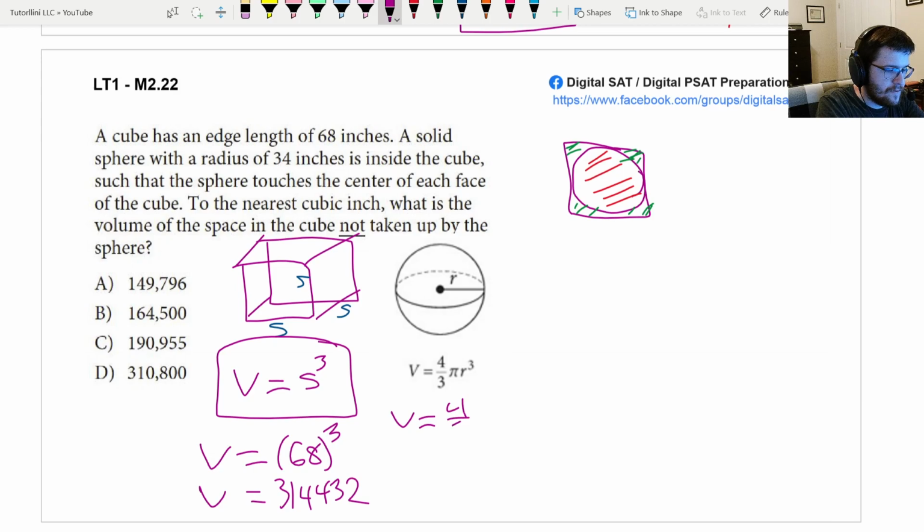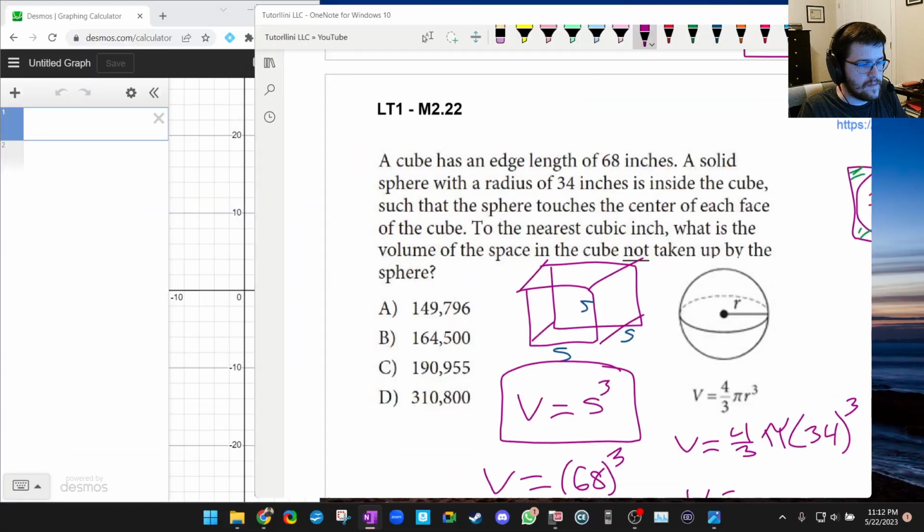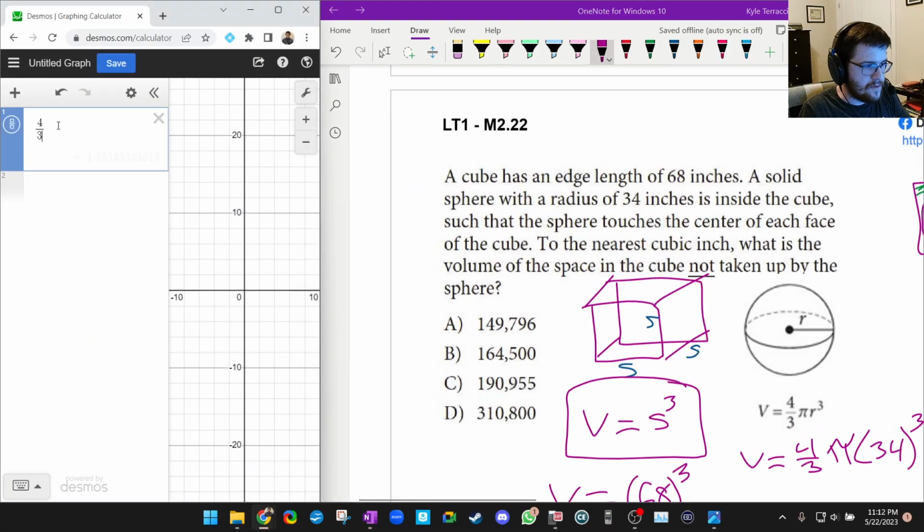And this one's going to be 4/3 pi. The radius is 34. Okay, let's see what that is. I would personally just simplify it in terms of pi, but some people might not like that, so I'm not going to do that. Do what you want.